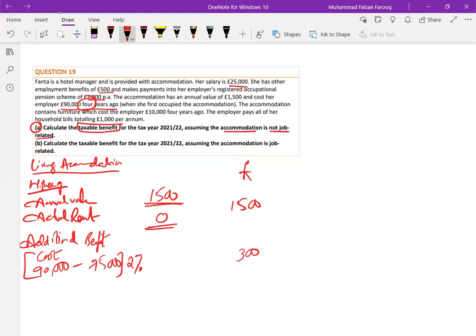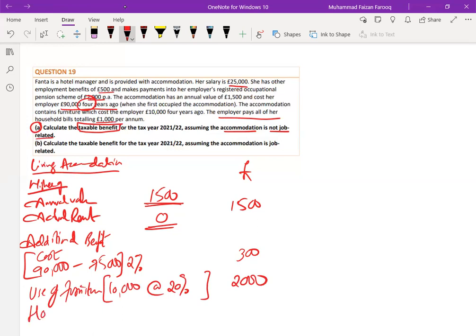Now, accommodation contains furniture, use of asset. We never learned a separate benefit of furniture, so it's a use of asset, 20% of the cost of the asset, which is 10,000, so 2,000. Now, very important, the employer pays all the household bills.